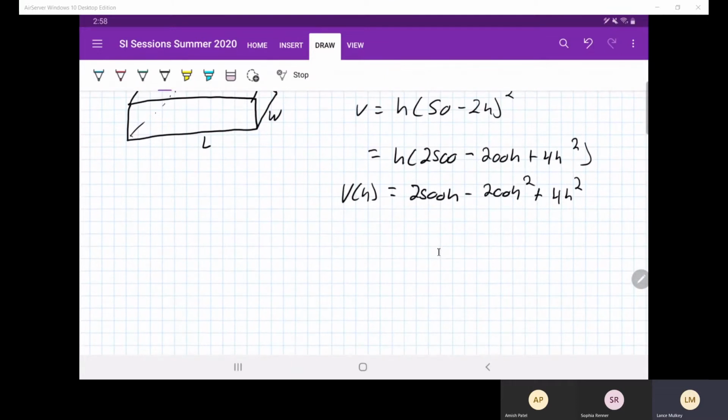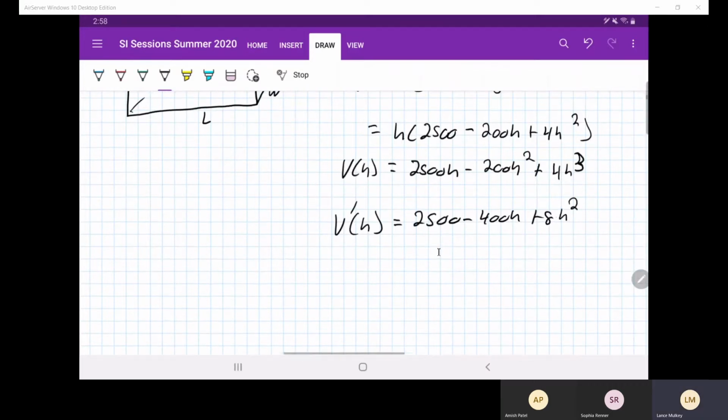So now, optimization, you want to get the maximum amount of volume. So to find the mins and maxes, we have to take the derivative. Everything involves a derivative. When we get to integration, I swear I'll be better. And now we set that equal to 0.